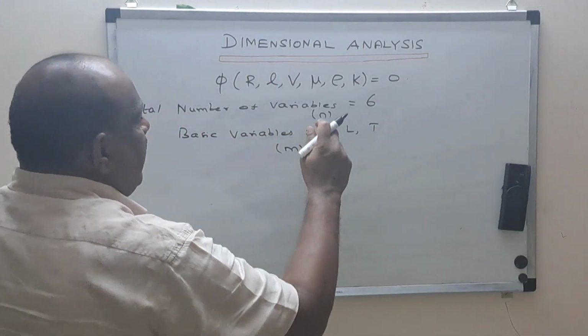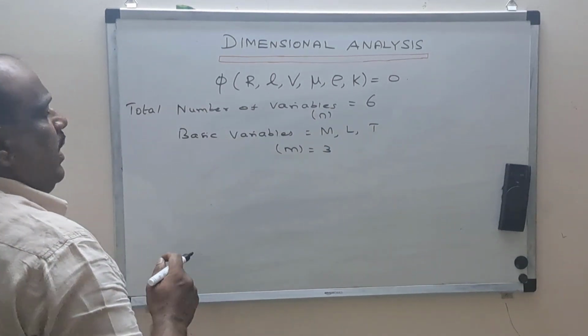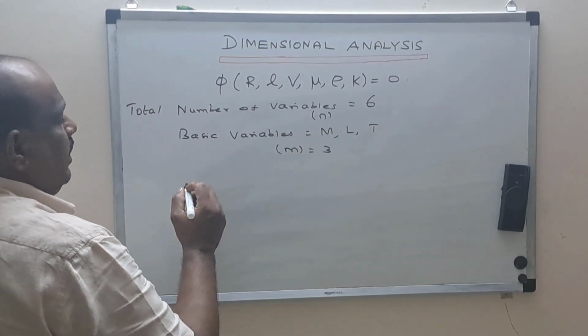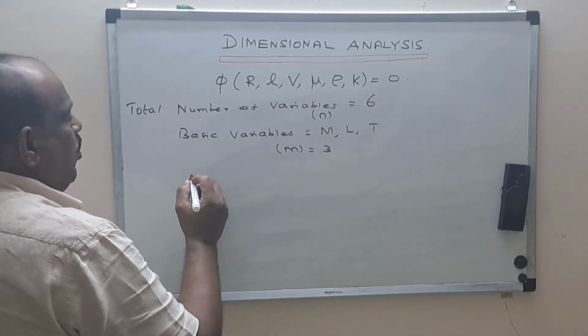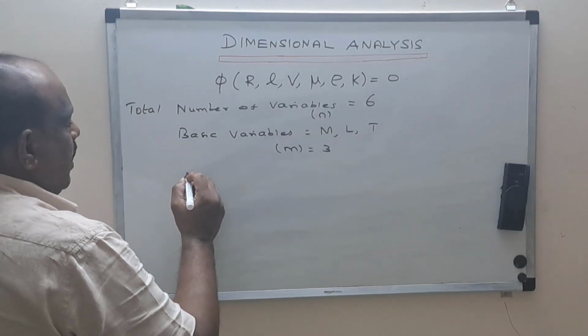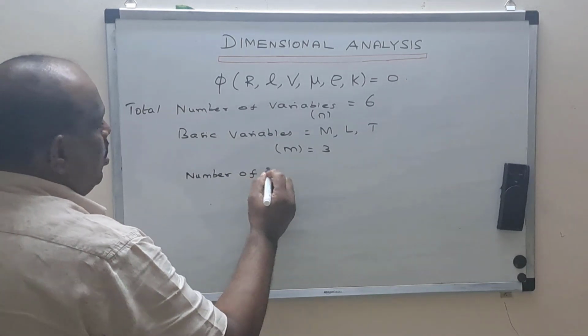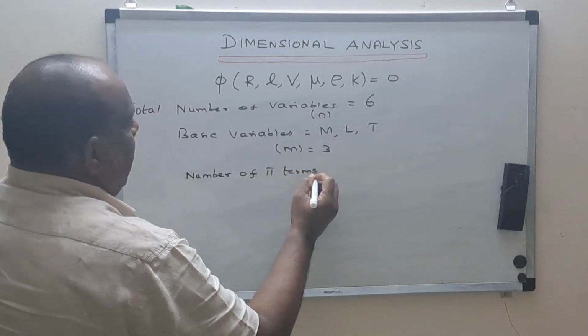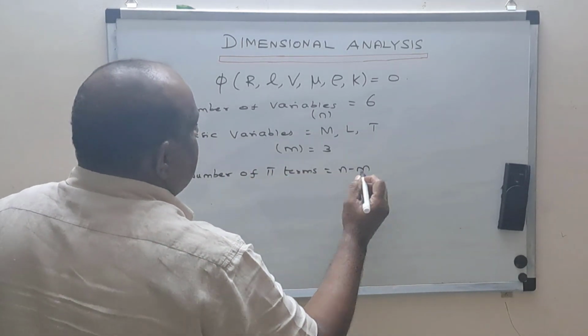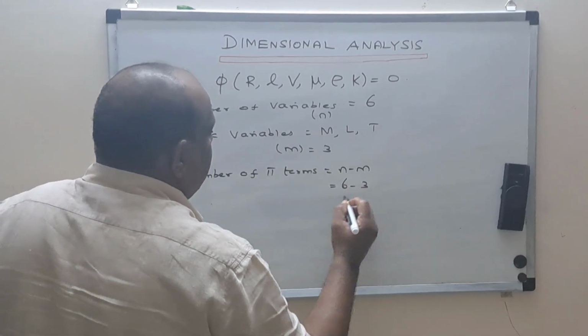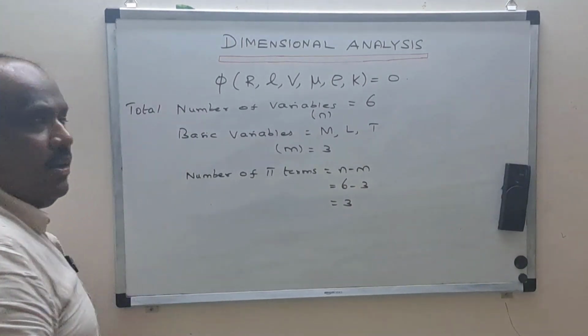Now what is the use of finding n and m? The usage of finding n and m is that I am going to find the number of pi terms. The number of pi terms is given by n minus m, which is 6 minus 3, which is 3.